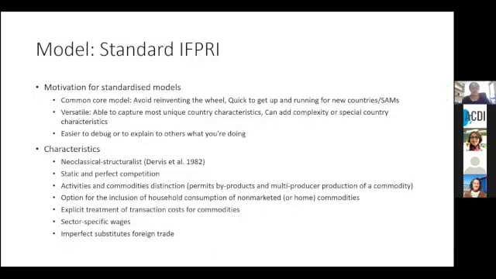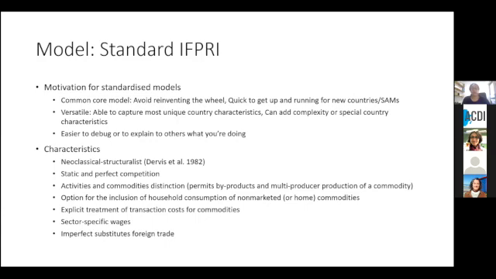So as I said, I'll be focusing on the IFPRI model. So why are there these standard models? The motivation is that by having a common core model, you avoid reinventing the wheel. It's also quick to get up and start using CG models for countries, because you just have to include the country-specific SAM and certain elasticities for that country.